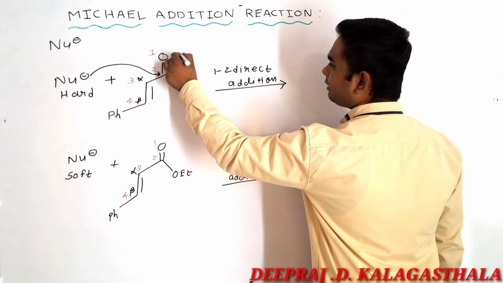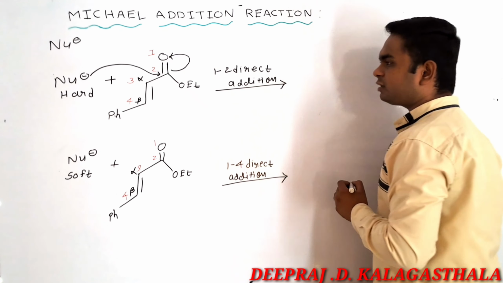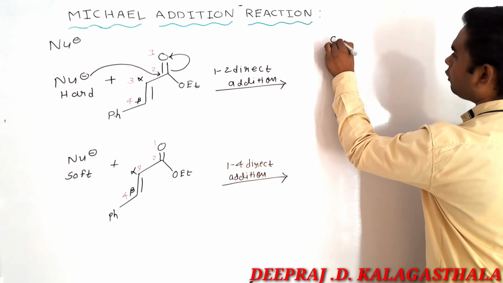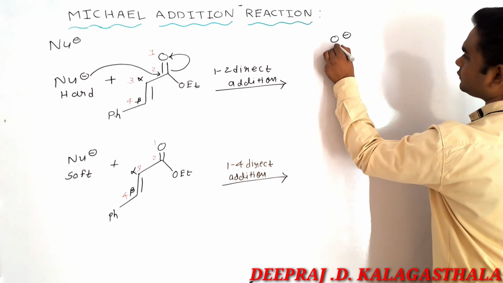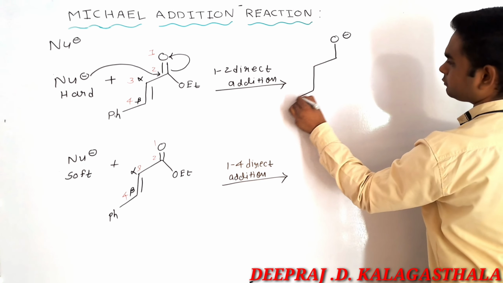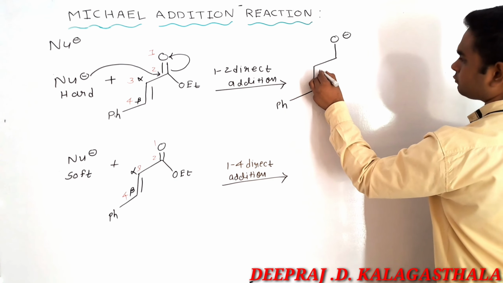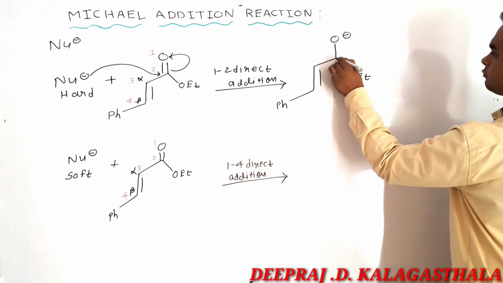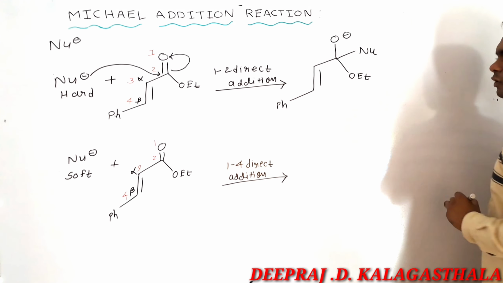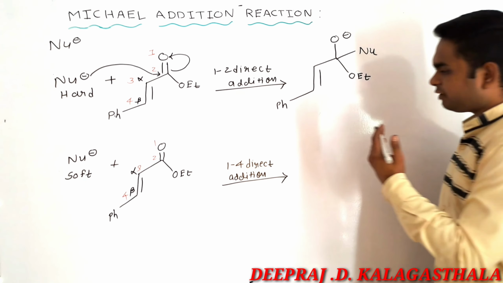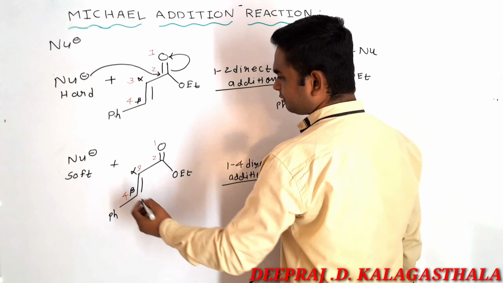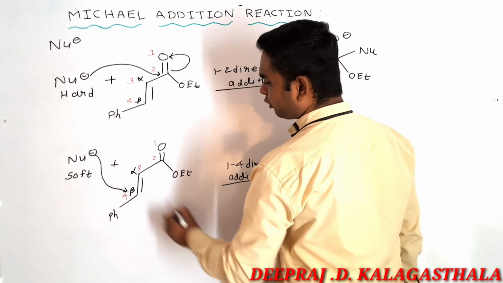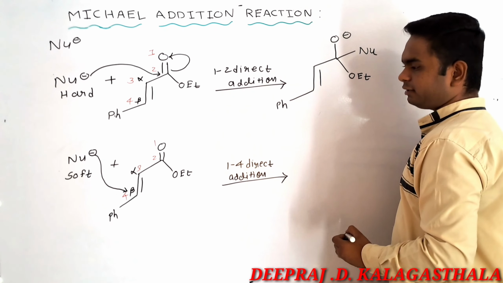The electrons of this pi bond will be transferred onto oxygen and we get such a compound as the product. Okay, now in this 1,4 addition path, this nucleophile will attack the fourth position at the beta carbon.